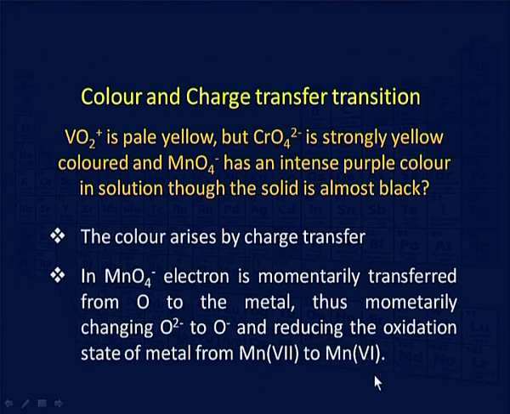Due to this charge transfer phenomenon, we have a color associated with these anions. So, potassium permanganate, potassium chromate and potassium dichromate are all colored due to the charge transfer phenomenon.